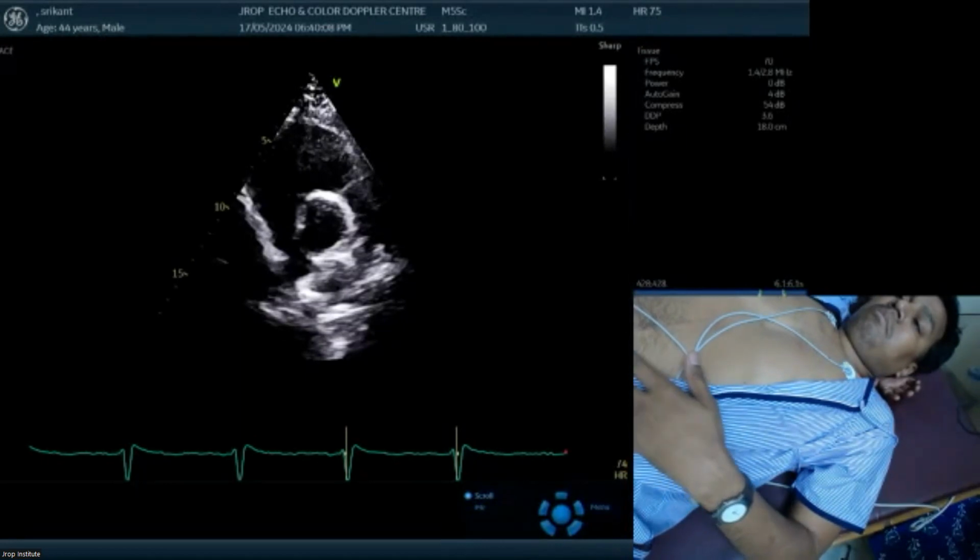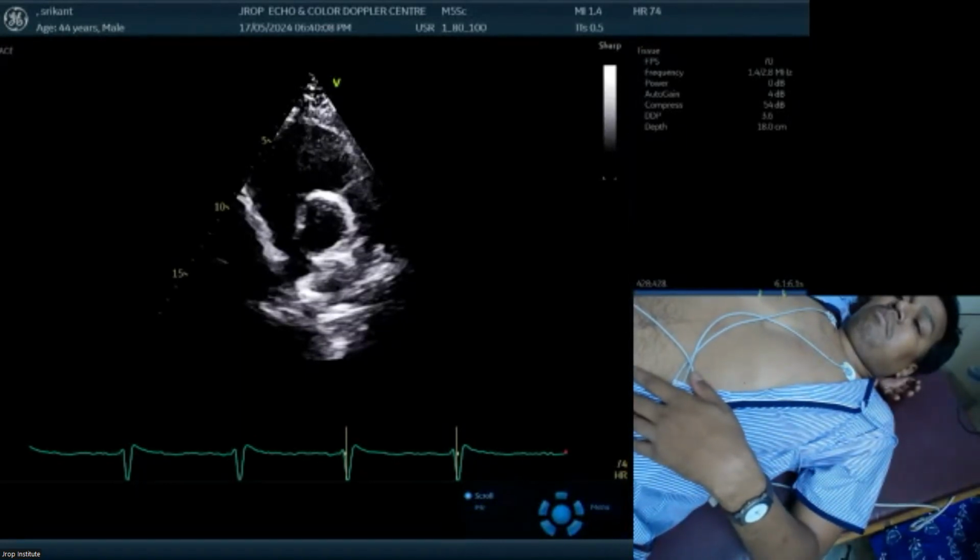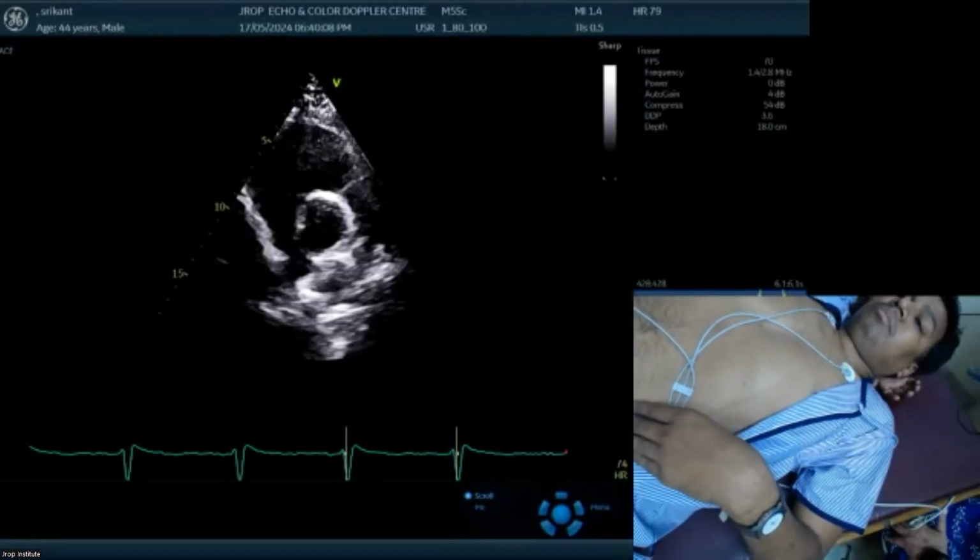So what we were discussing is we were looking at the flow velocity across the pulmonic valve leaflets. When we are looking at the flow velocity of the pulmonic valve leaflets, we go to the parasternal short axis view at the aorta.